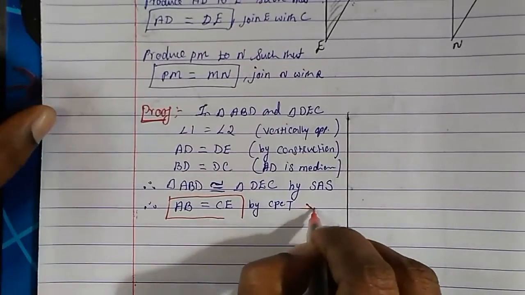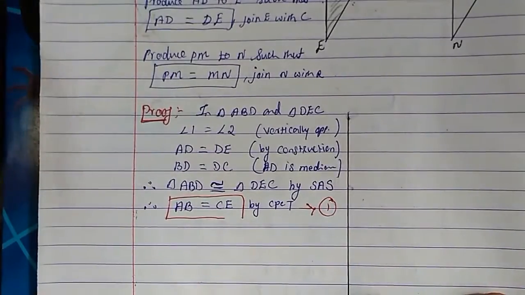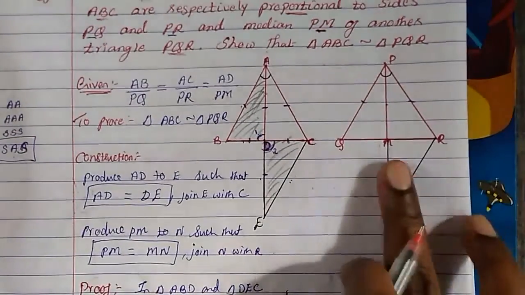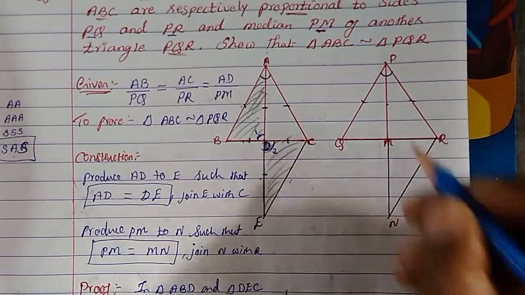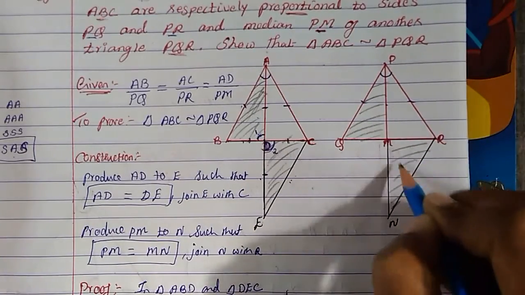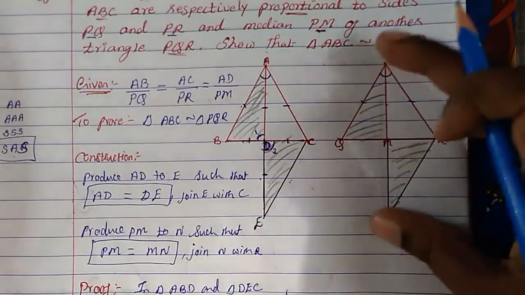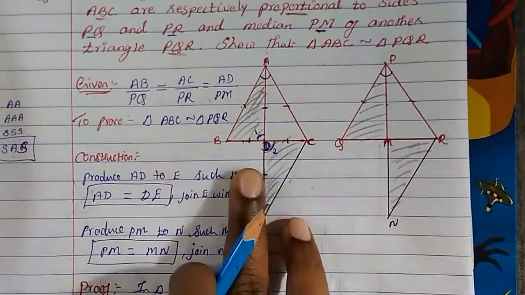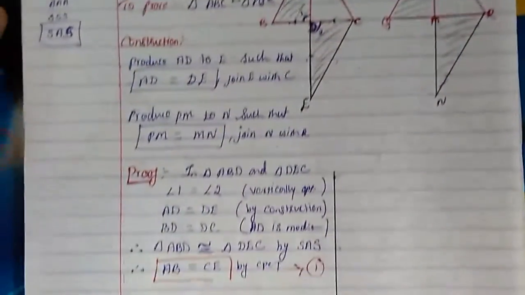This we consider as equation 1. Okay. Now same way we will do with this also. Here also we will take this triangle and this triangle. So the same reason we have to give. As we did this, same way you have to do it here also.